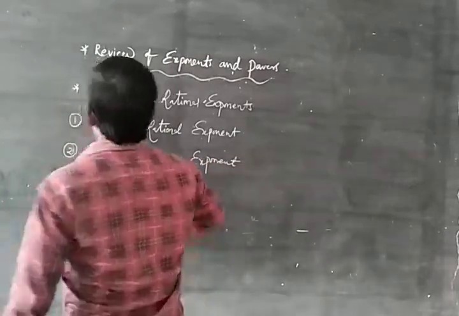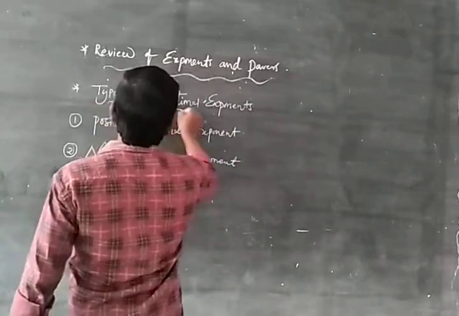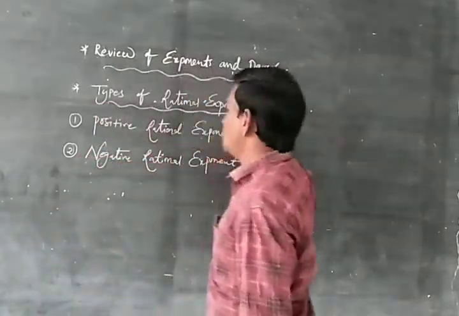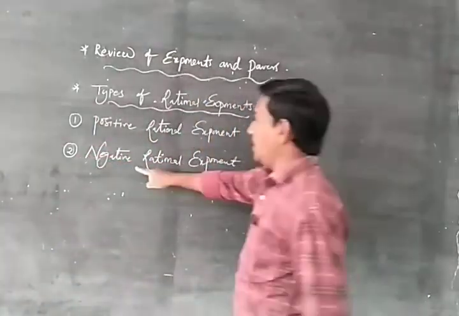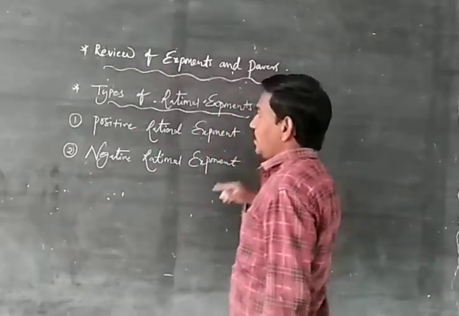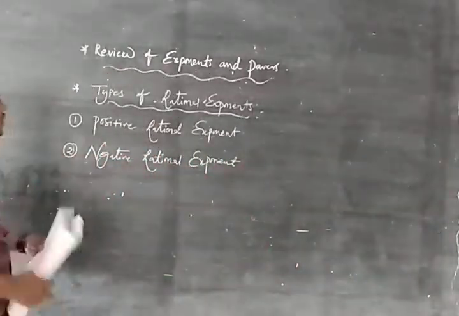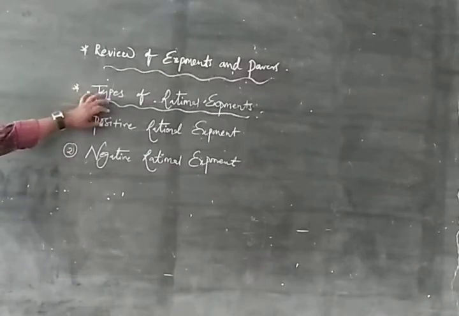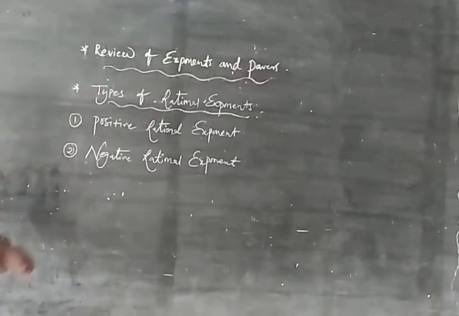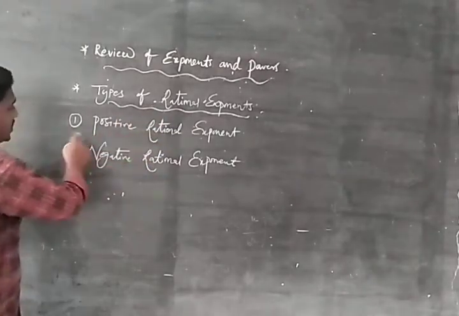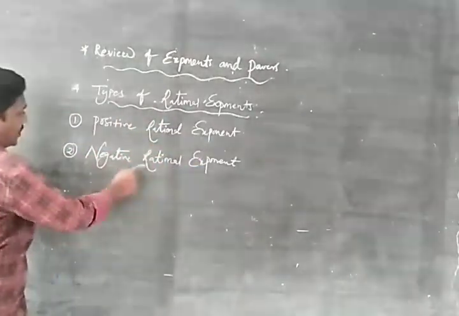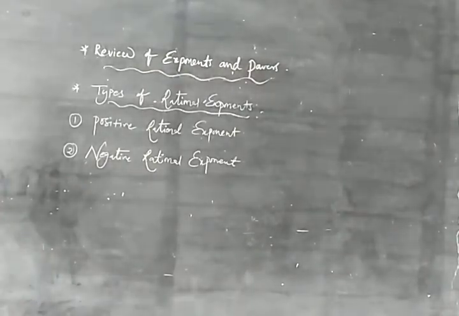Okay, the types of rational exponents are two types: positive rational exponent and negative rational exponent. Now let us discuss one of the rational exponents, that is positive rational exponent.